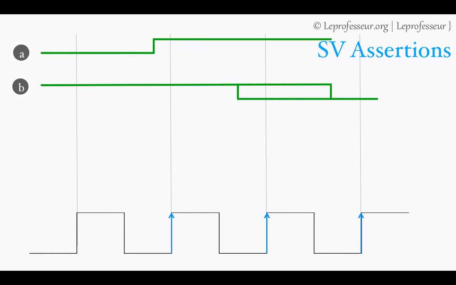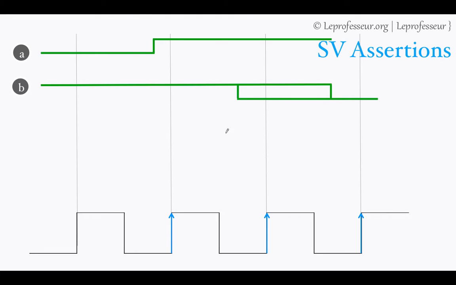Let's take an example of how you can specify the behavior of these two signals in SystemVerilog. Signal A toggles to high, and signal B follows signal A, or in other words, B will be toggled to low after 1 or 2 clock cycles once A is triggered to high.